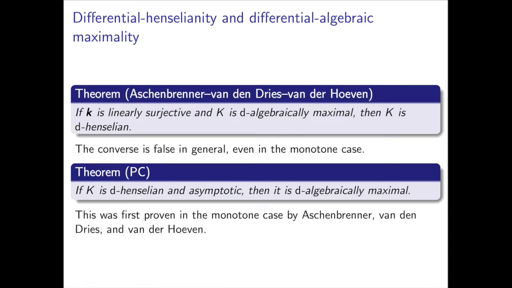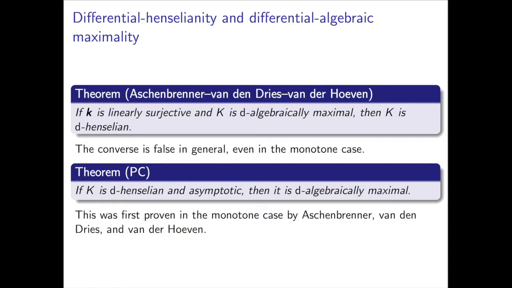And again, this was first proven in the monotone case. In the monotone case, they assume K is d-Henselian, asymptotic, and monotone, which is a very restrictive case. Again, by Aschenbrenner, Van den Dries, and Van der Hoeven.